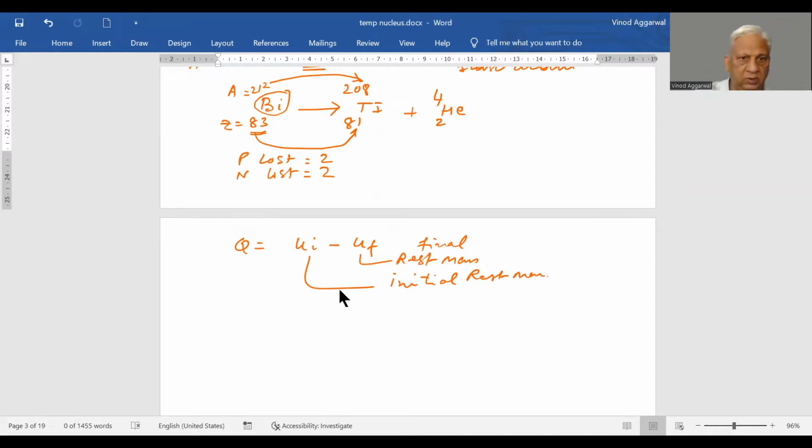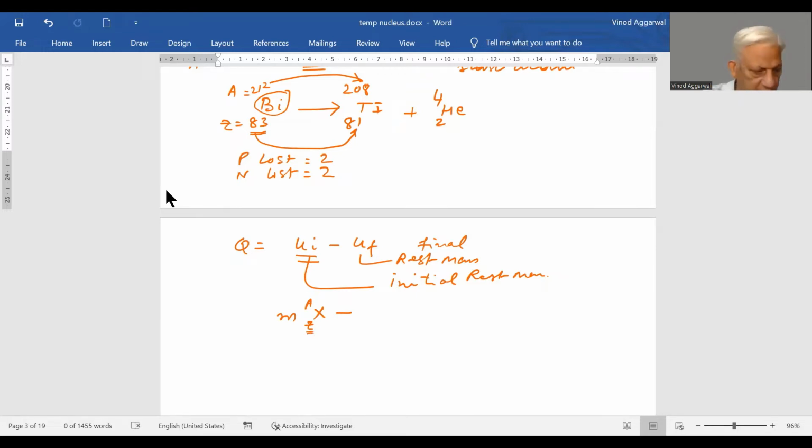Now, how much will be the initial rest mass? Initial rest mass is because of bismuth only, which will basically be mass of bismuth or whatever element it may be, and it loses 2 protons and 2 neutrons.